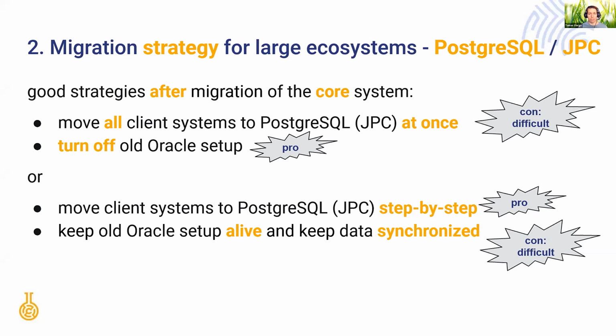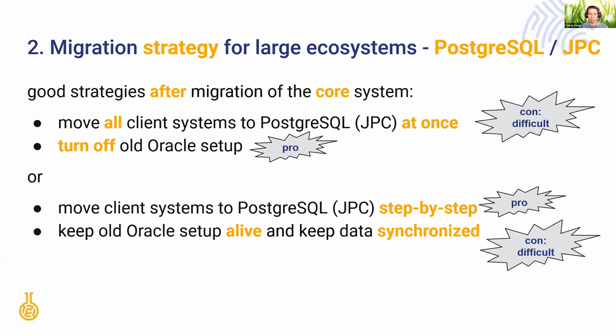Or you can do it step by step. So just install the new Postgres and JPC, move your clients step by step as soon as they are finished with the migration. But the difficult thing is that you have to keep the old Oracle setup live until all of the client systems have finished the migration, and you also need to keep your data synchronized, which is not easy if you are talking about two different databases on two different systems.